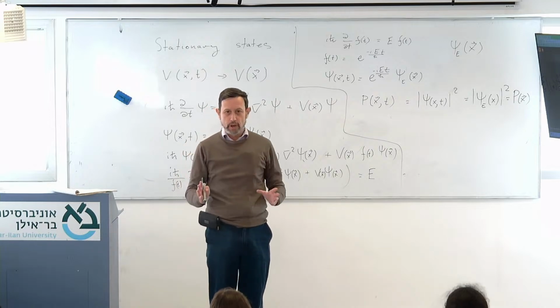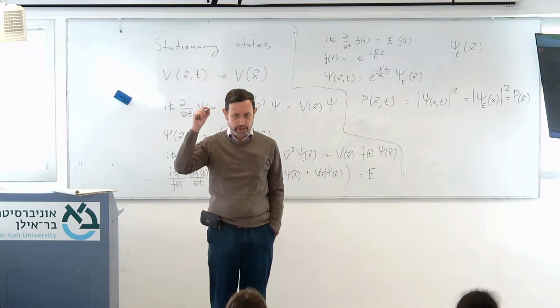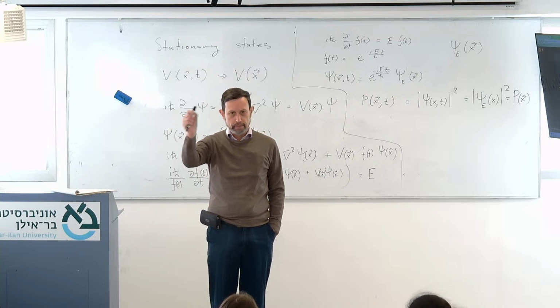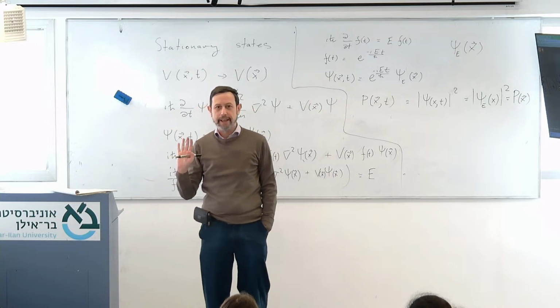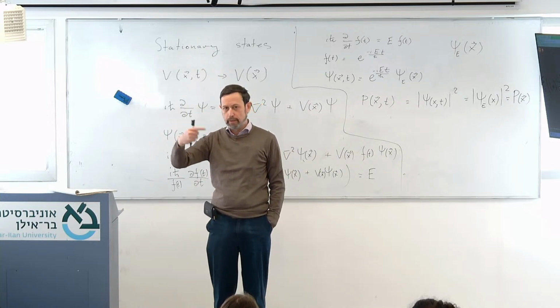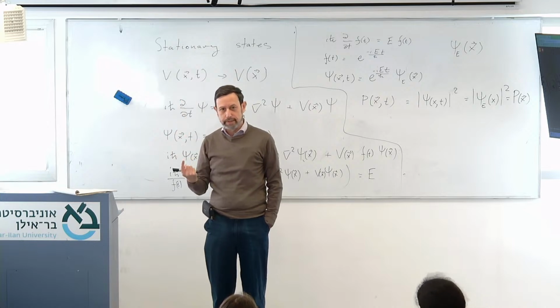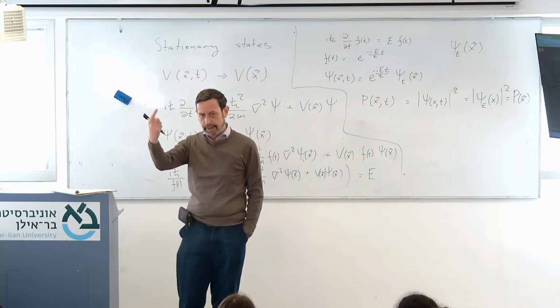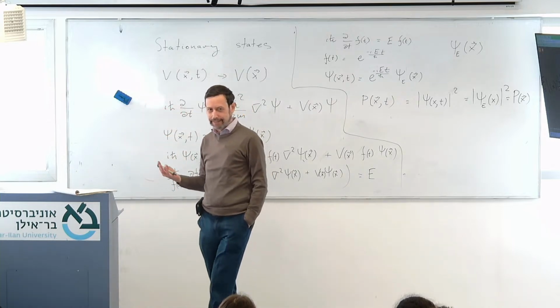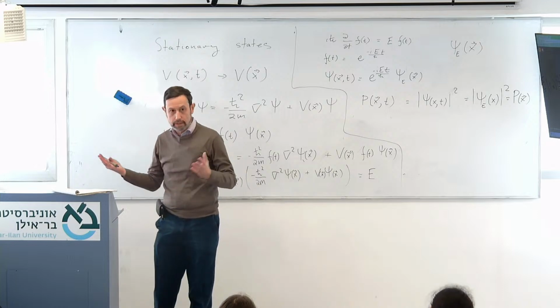But if I go and measure the position of the electron, I have the same probability of finding it at any time. It doesn't have some oscillating time dependence, as you would expect from the naive picture of an electron orbiting the nucleus. No, it's not.